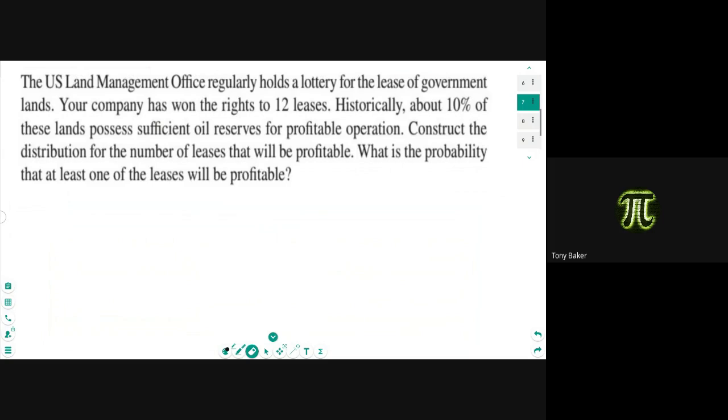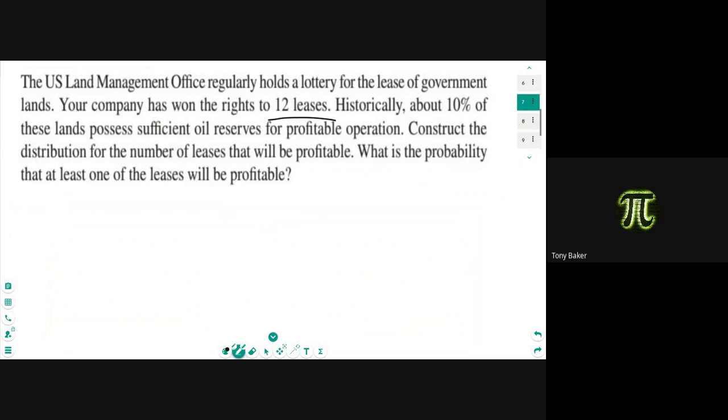So the 12 leases is one piece of information. What piece of information do the 12 leases represent? Yes.